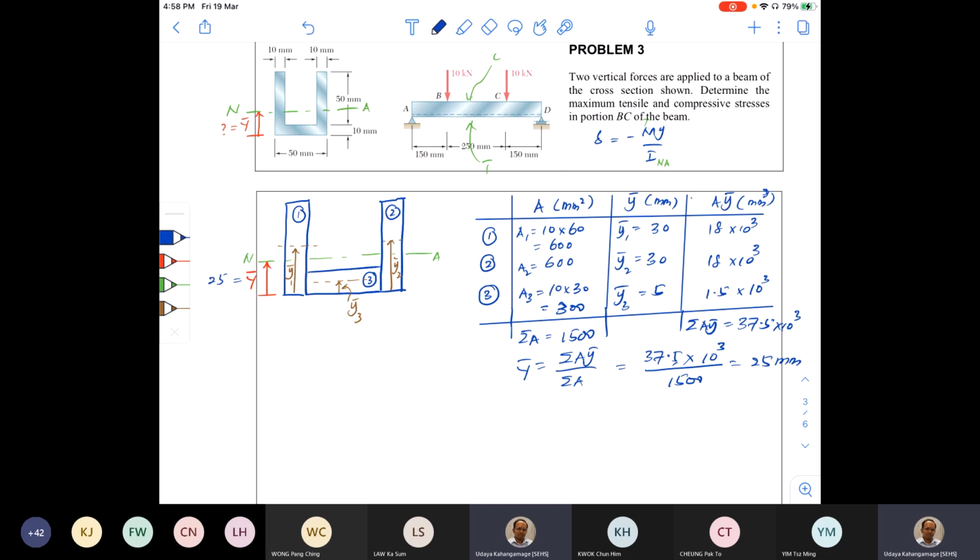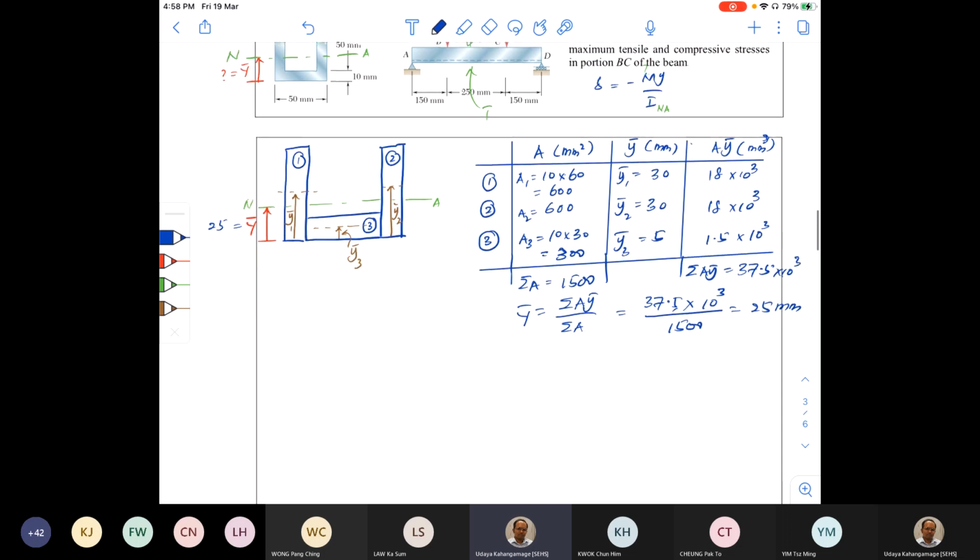So knowing that, now you can find out the I about the neutral axis. So how to find out the I about the neutral axis? To find it, we can take the I of each section about the neutral axis and add them together.